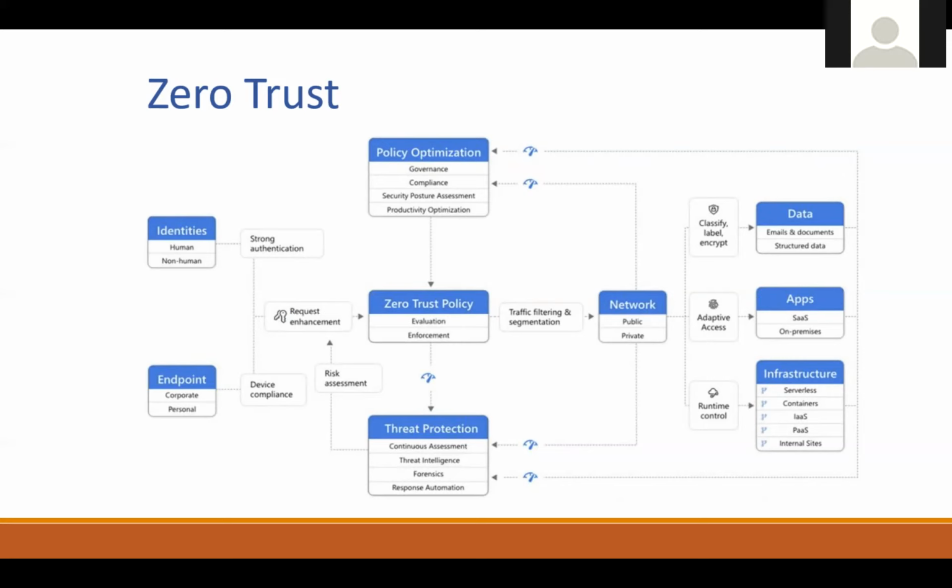Signals can include the role of the user, the location, device compliance, data sensitivity, application sensitivity, and much more. In addition to telemetry and state information, the risk assessment from threat protection feeds into the policy engine to automate response to threats in real time.